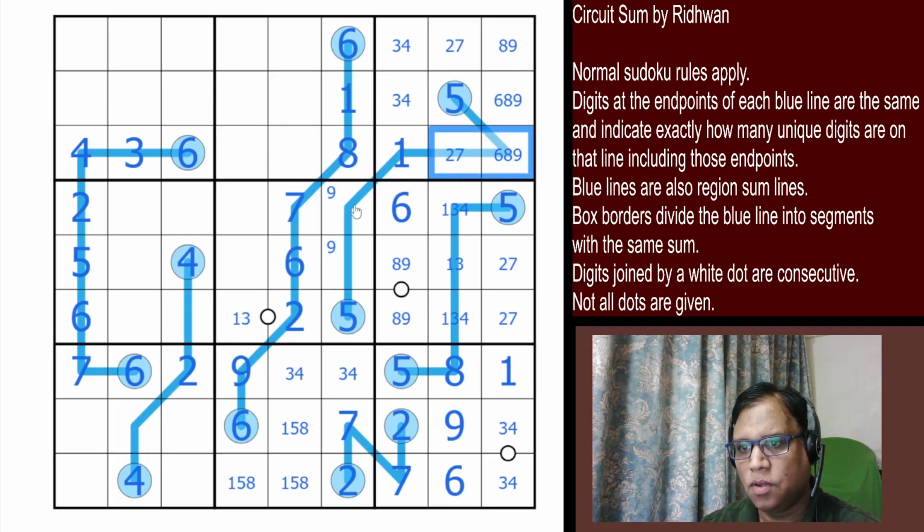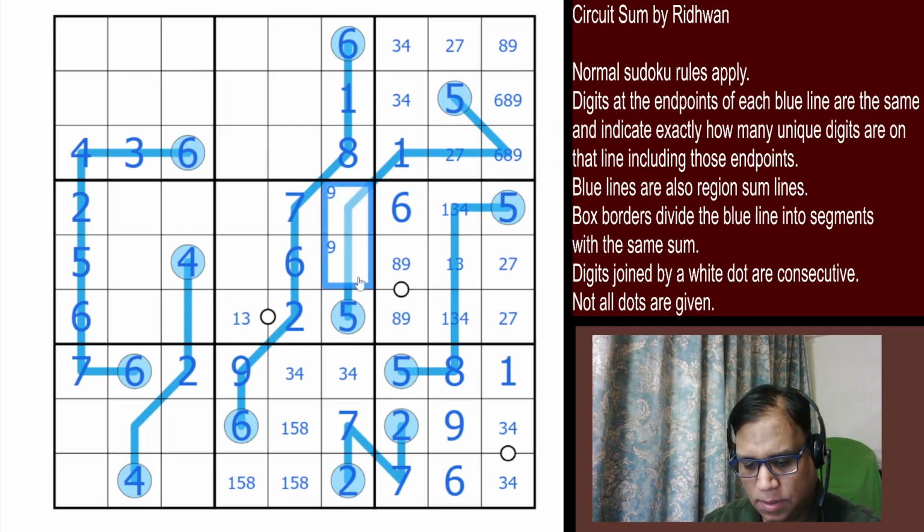And we know that one of these digits must be repeating here, and the other must be the sum of the other two. So these digits are now 3 4 9, right? 9 is definitely here, and one of 3 and 4 is there.